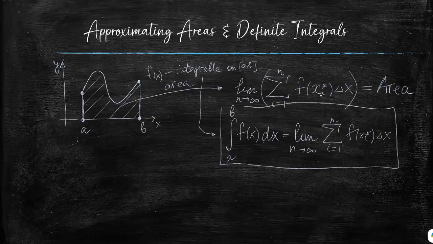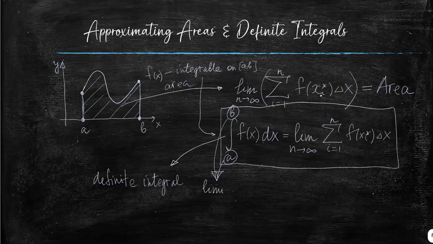This is called definite integral notation. Definite as the opposite of indefinite. The difference is a definite integral has limits of integration. So these values a and b are called limits of integration. But everything else is the same.